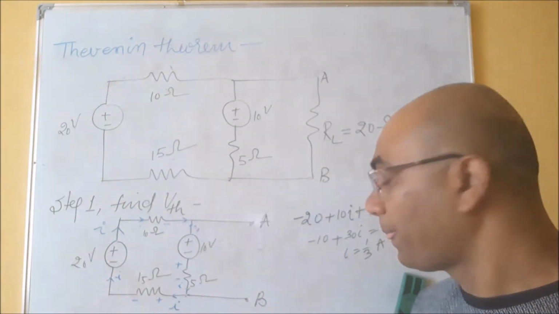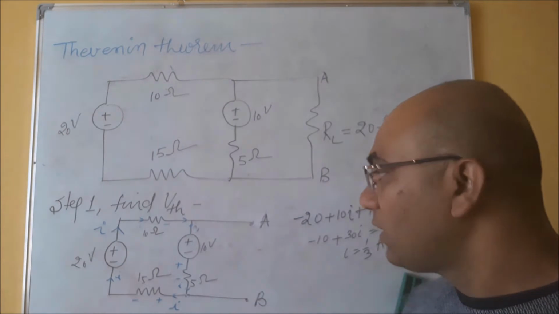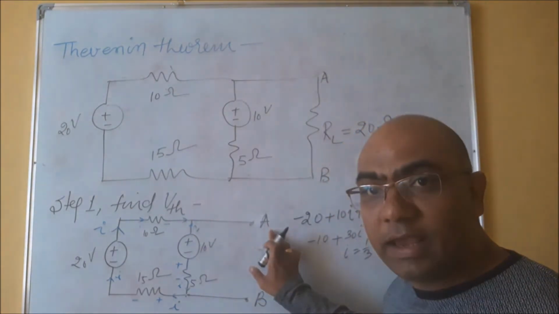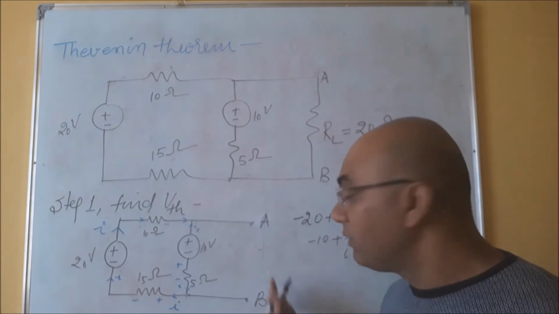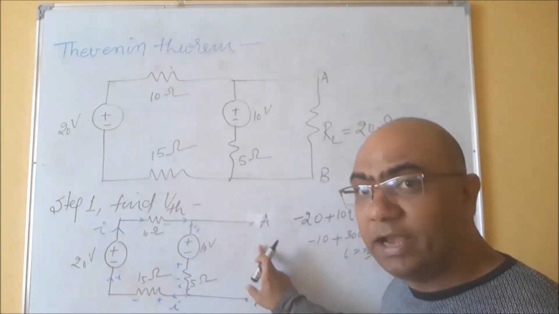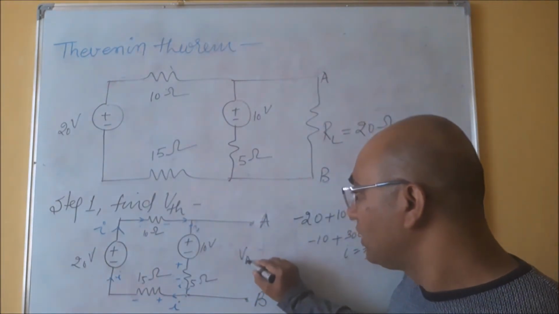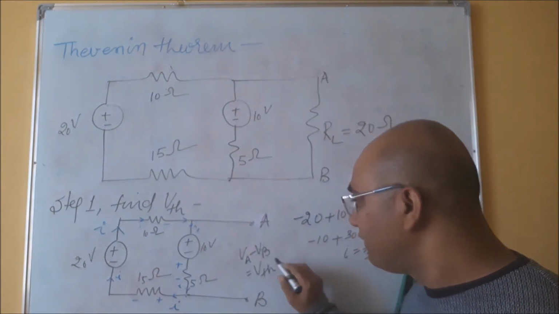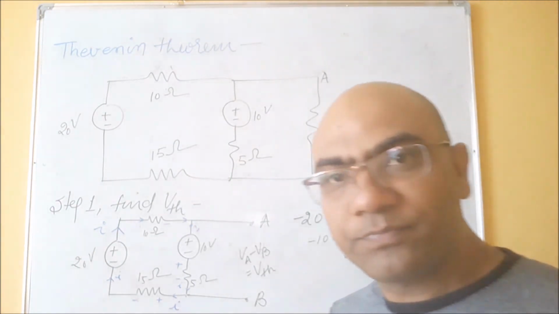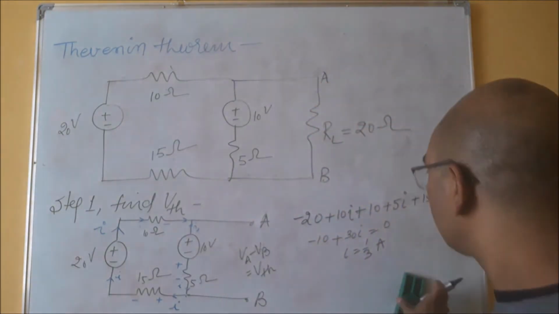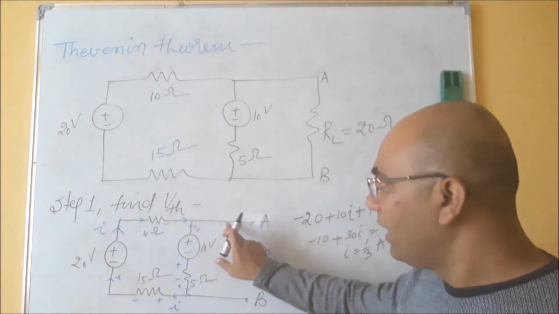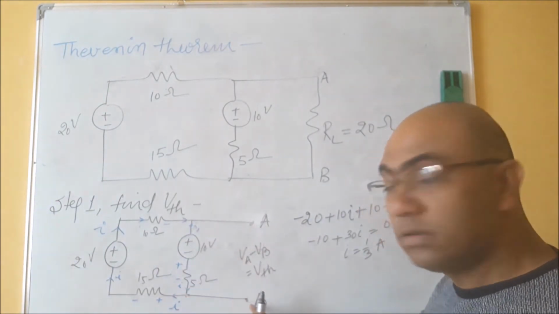Is it fine? Right? Now, after getting the value of I, what do you want to know? The voltage between A and B. You can write the voltage between A and B will be VA minus VB, which we will call later on VTH. Right. So for this, you start writing KVL from the point A and move like this.